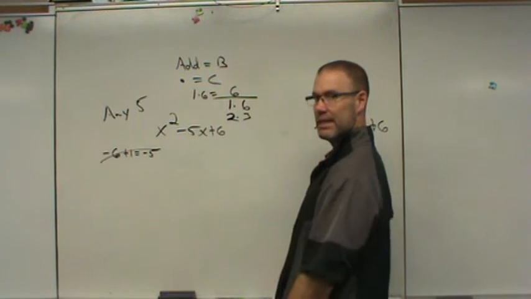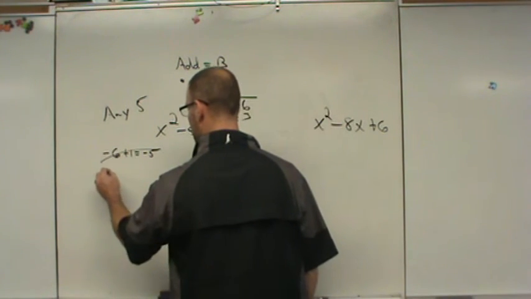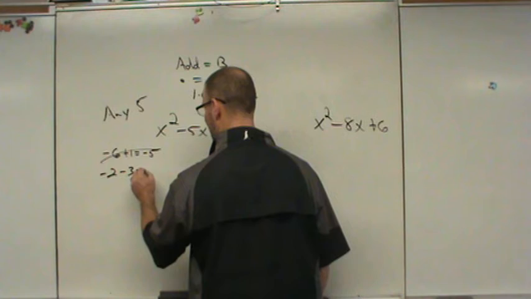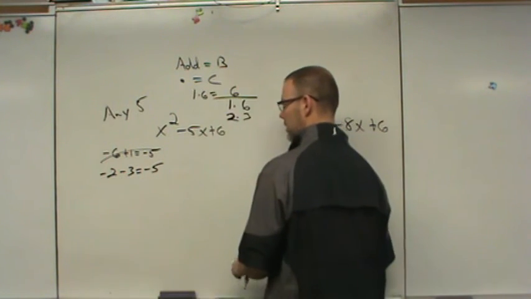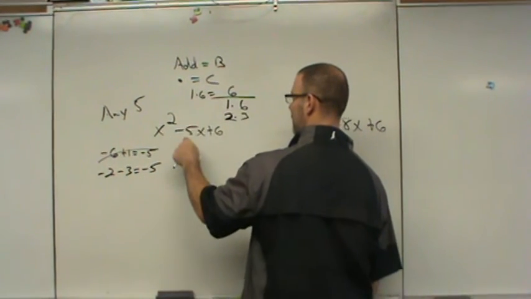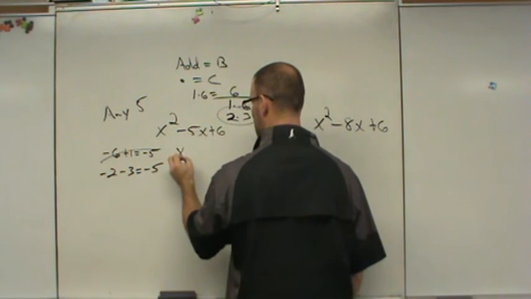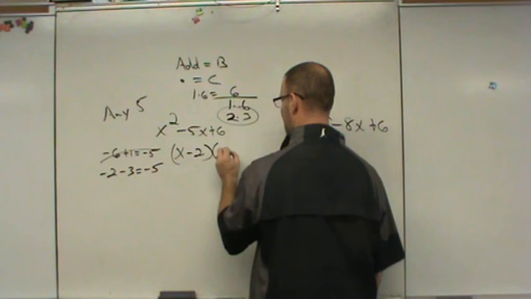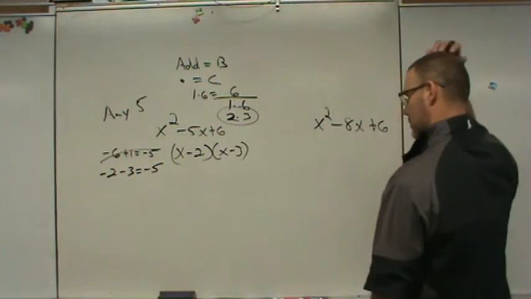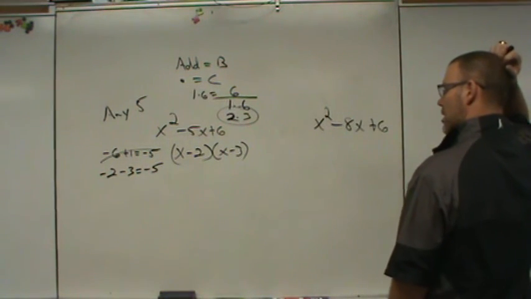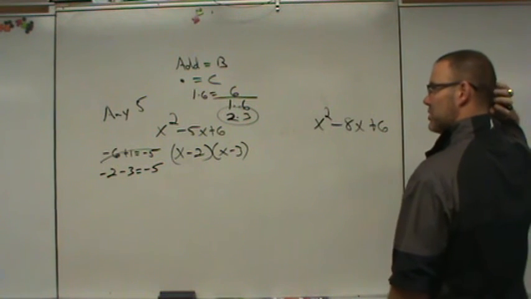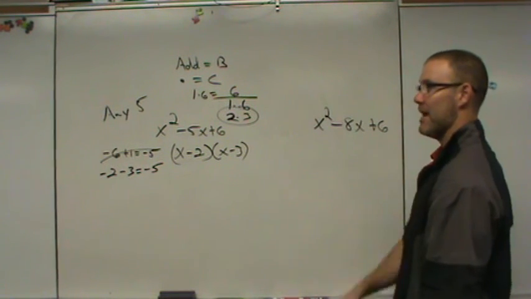The only other factors I get to choose from are 2 and 3. In order to get a negative 5, I get a minus 2 and a minus 3. If I add those together, I get negative 5. If I multiply them, I get positive 6. So here are my factors: x minus 2, x minus 3. Done. That's it.